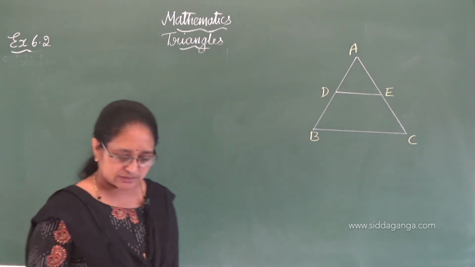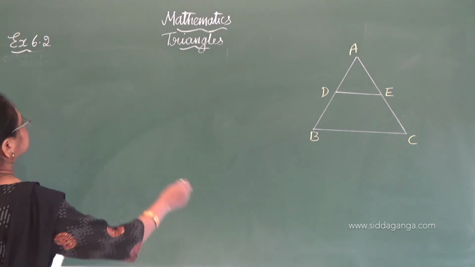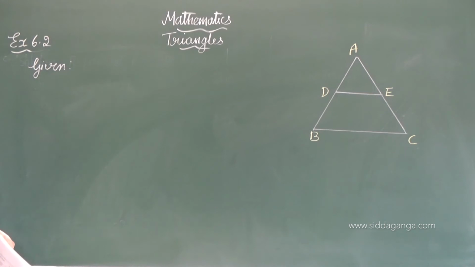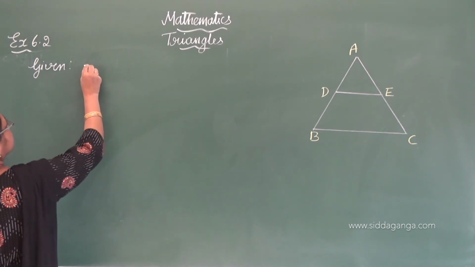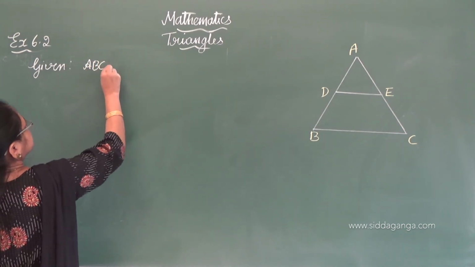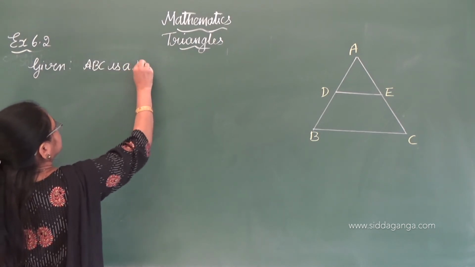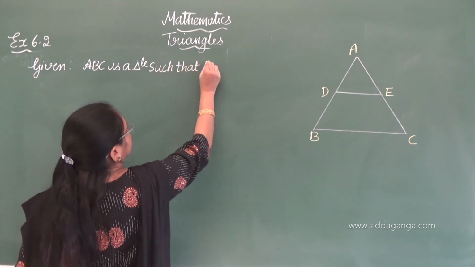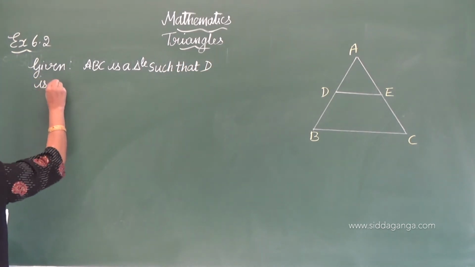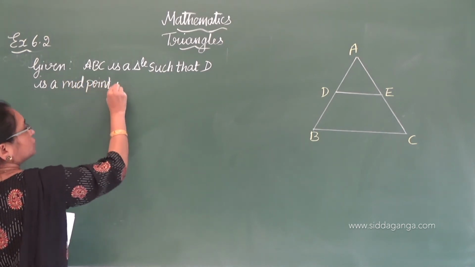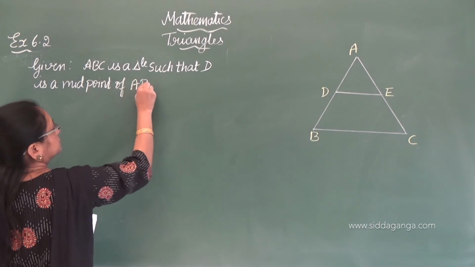So let us write given. What is given here? Given: ABC is a triangle such that D is a midpoint of AB.